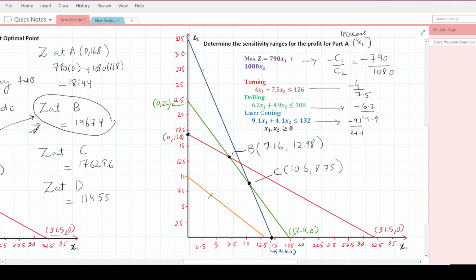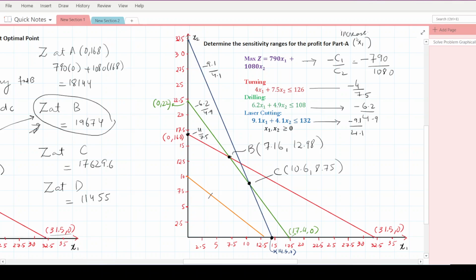Now here we have these three constraints: the laser is minus 9.1 by 4.1, then drilling is minus 6.2 by 4.9, and for the turning it is minus 4 by 7.5.